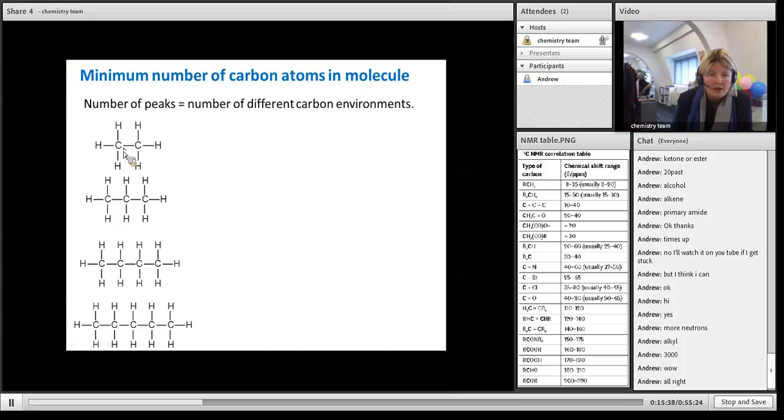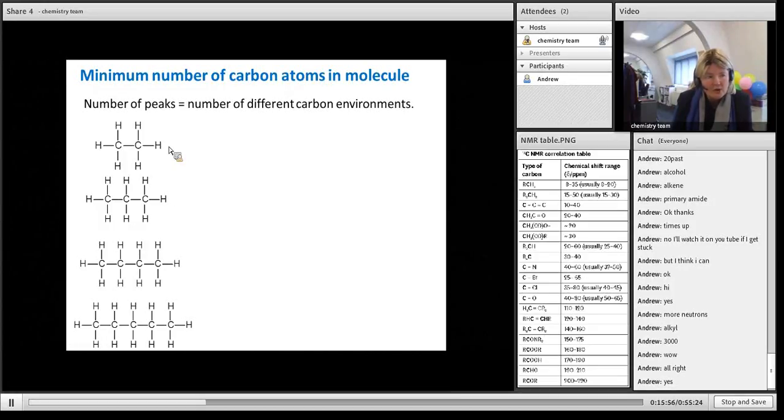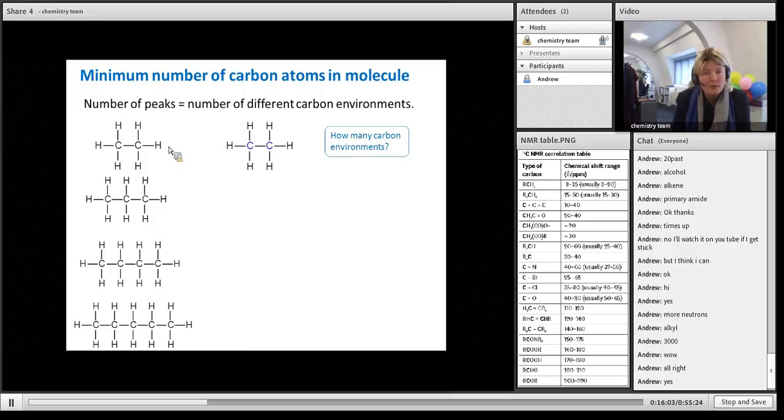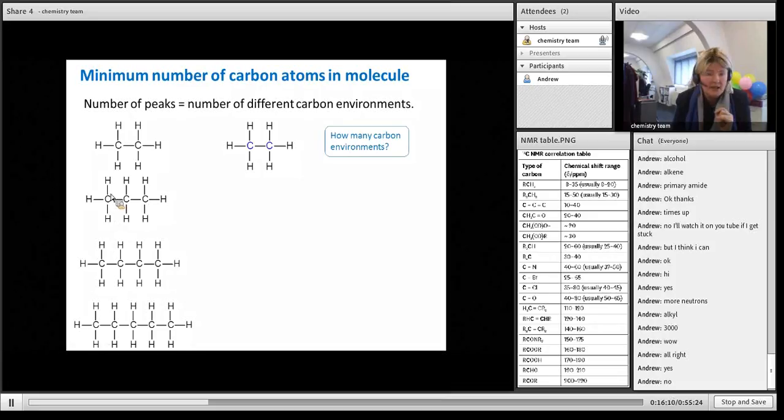So in the first one, can you see the first carbon has got 3 hydrogen atoms attached and 1 methyl. The second carbon has got 3 hydrogens attached and 1 methyl. Are they in the same environment? Yes or no? Yes. So I've only got 1 carbon environment. So I've shown them both as blue. So I'm only going to get a single peak for ethane.